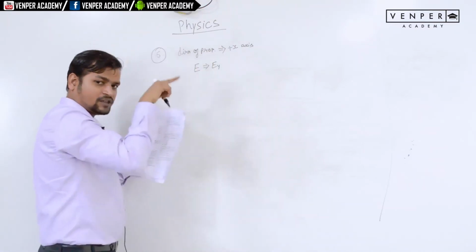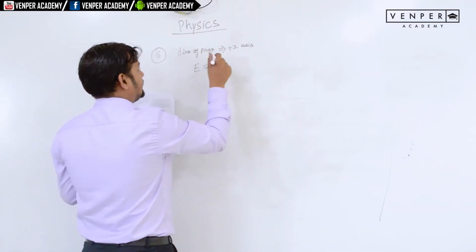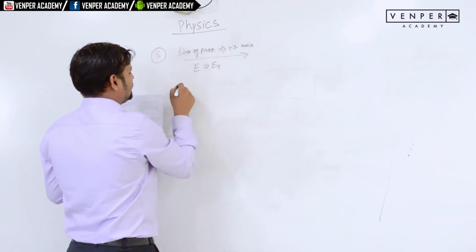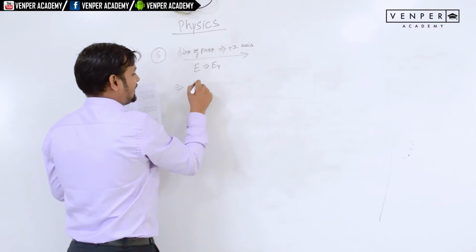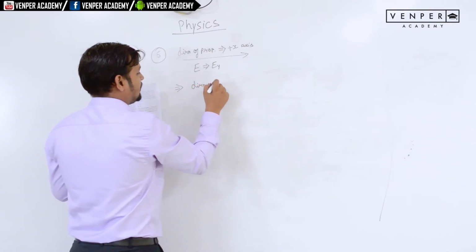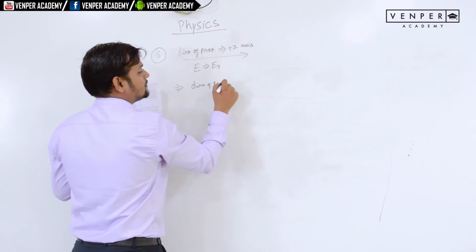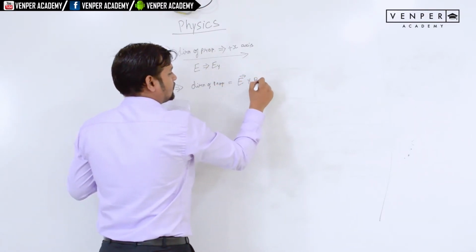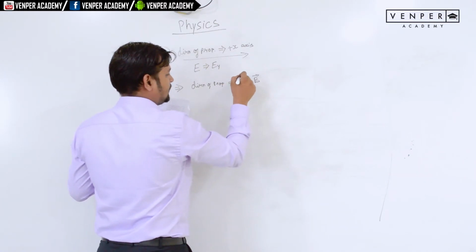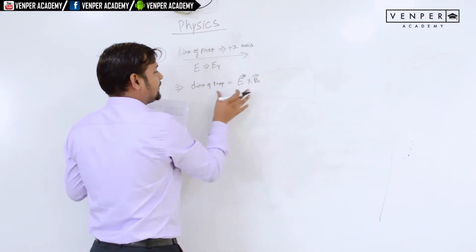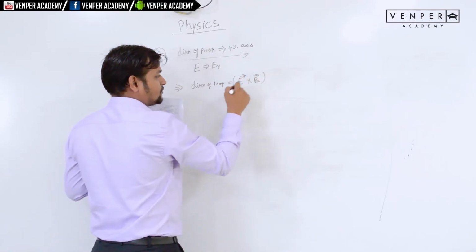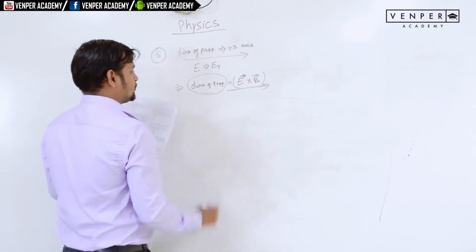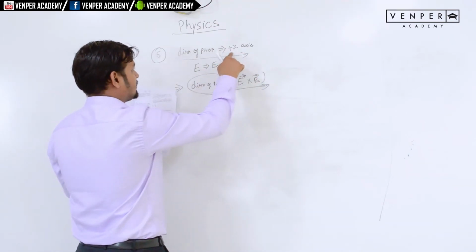So the electric field is oscillating along the positive y-axis and the wave is propagating along the positive x-axis. Then we know one thing, how to find the direction of propagation? Simply, the cross product of E cross B gives you the direction of propagation.